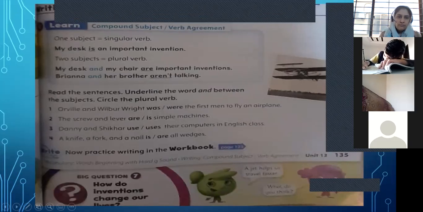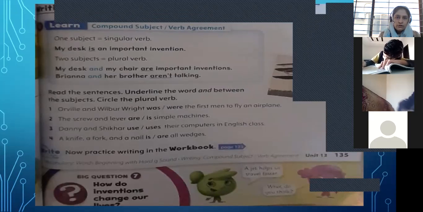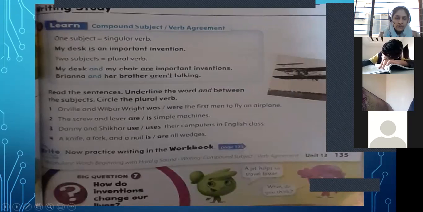Okay, this is compound subject verb agreement. First of all, you need to understand what is subject and what is verb agreement. Okay, so subject, as I told you multiple times, is the person who is actually doing a thing.